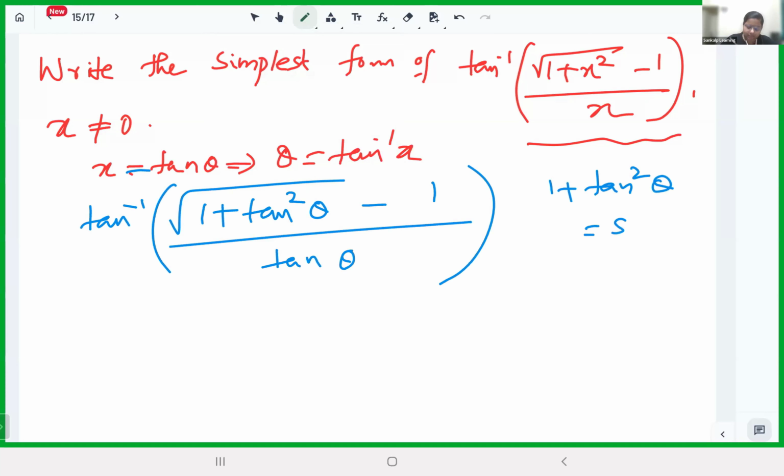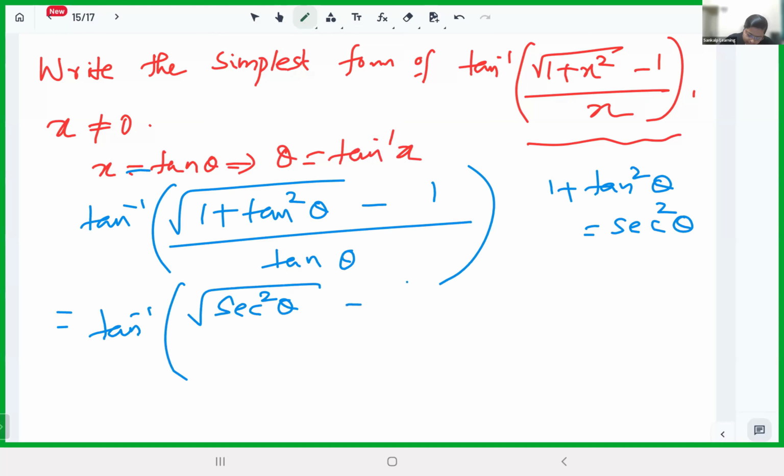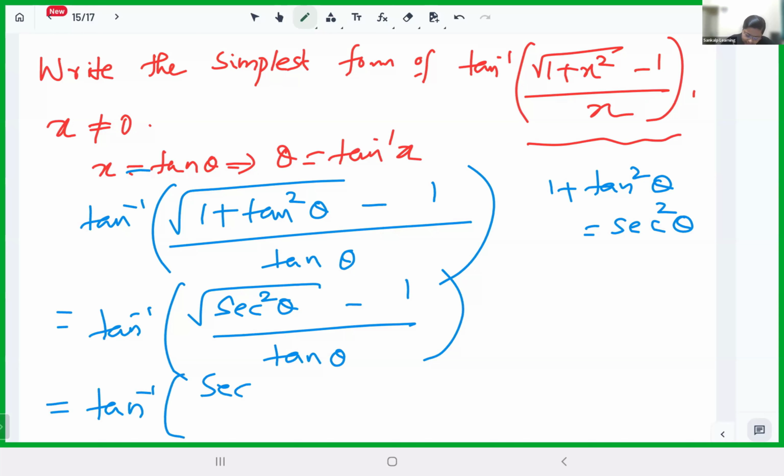So this will become tan inverse of root of sec square theta minus 1 by tan theta. That is equal to tan inverse of sec theta minus 1 by tan theta, since root sec square theta is sec theta.